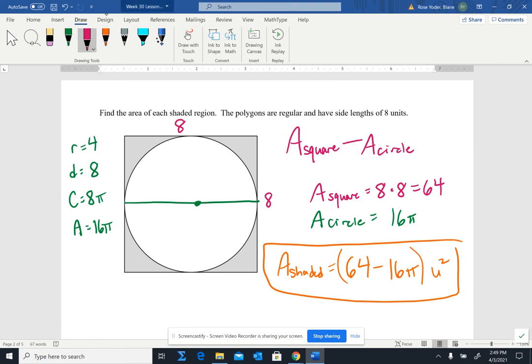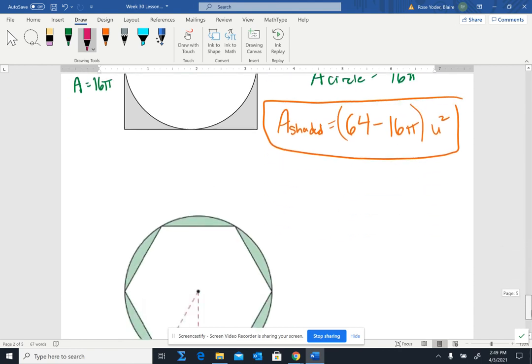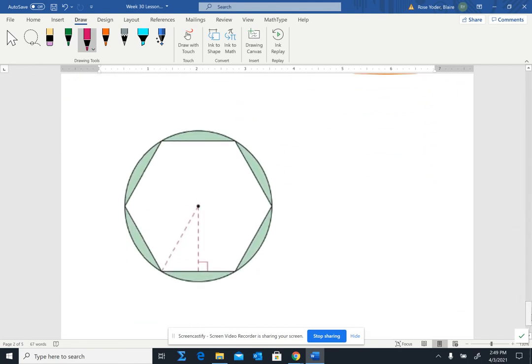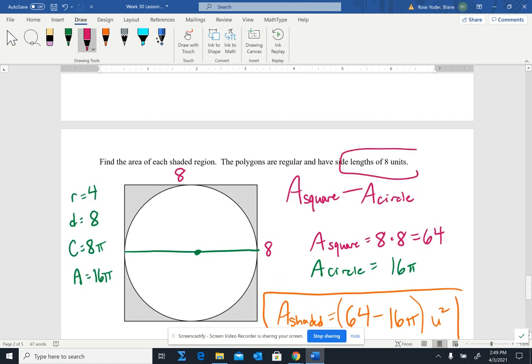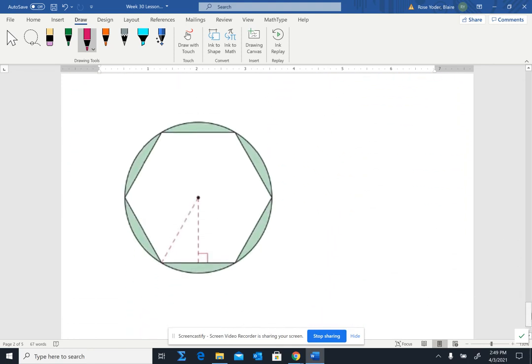All right, let's do one more really similar, but a little more complicated because instead of a square, there's a hexagon. So it says the hexagon is also a polygon with a side length of 8. So polygon side length 8. So what does that have to do with the circle at all?